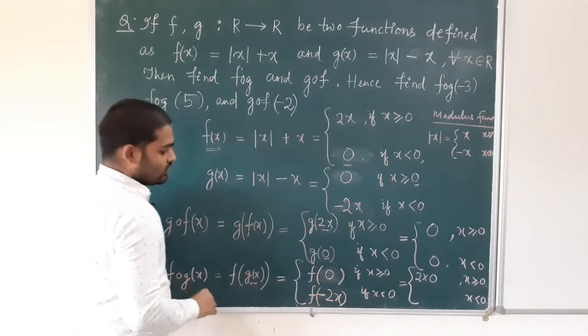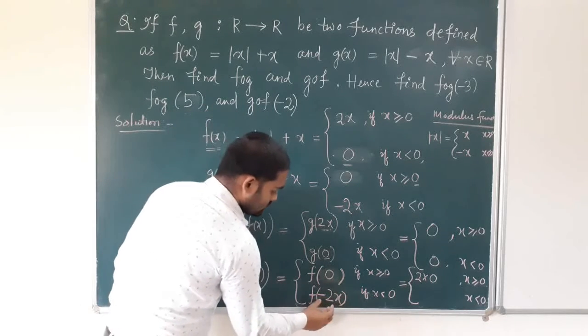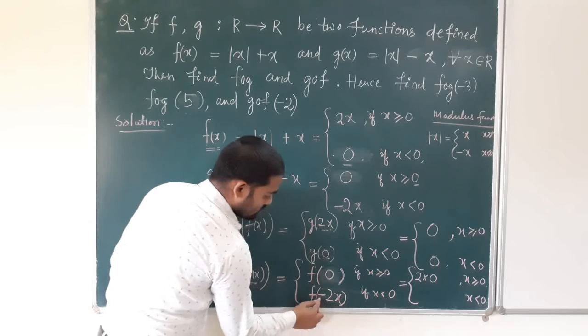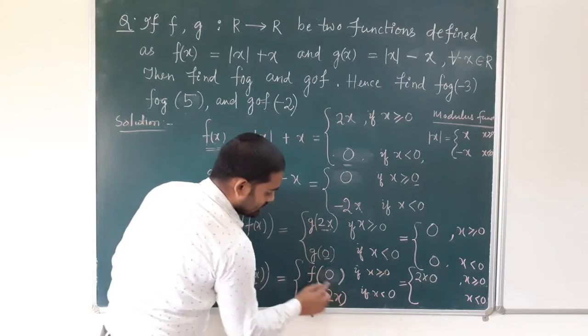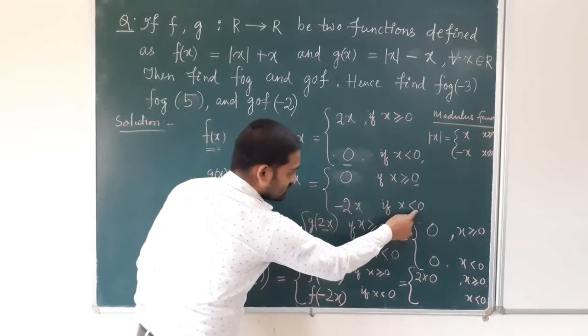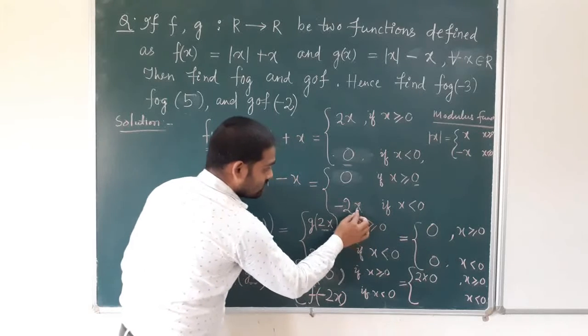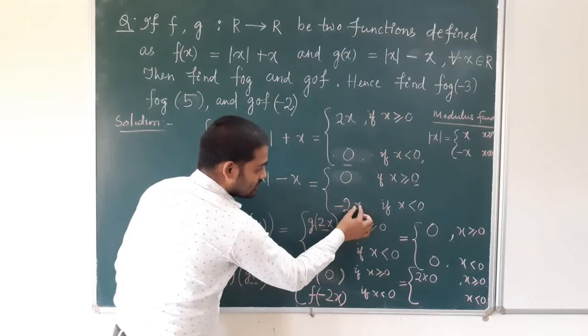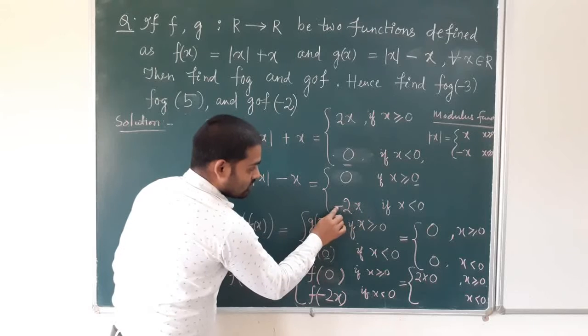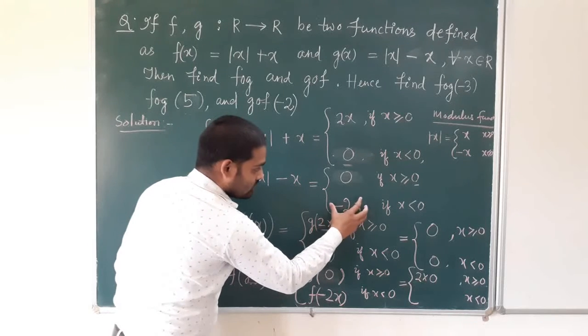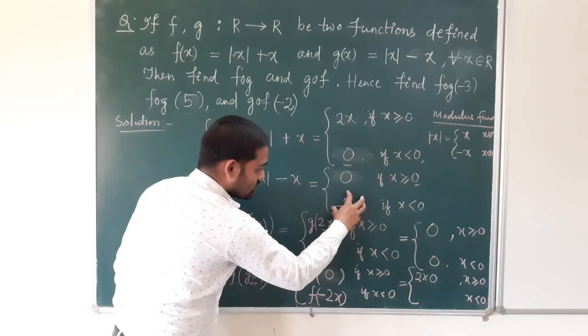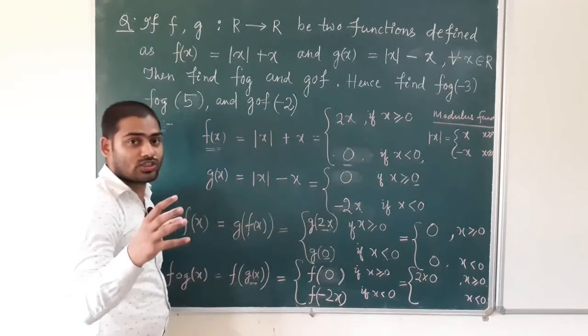Now here you see this value, minus 2x. Here x is less than 0, which means x is negative, and negative into negative is positive. So this value is positive now.